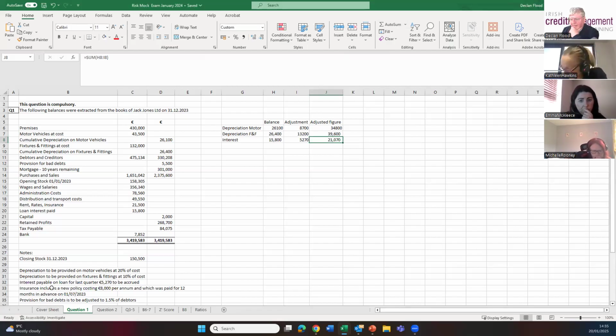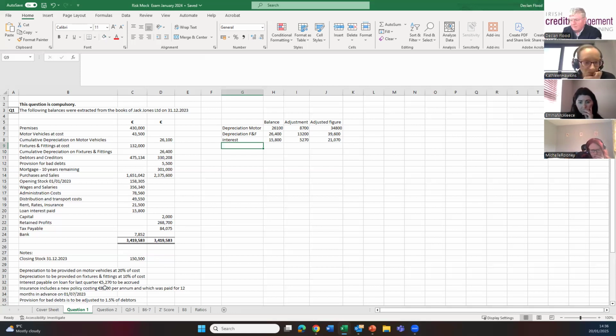And finally, insurance includes a policy costing 8,000 per annum, which is paid 12 months in advance on the 1st of July. So I got an invoice for 8,000. I paid the 8,000. The 8,000 is in my accounts. But I also know, because I want to see if I'm making a profit or loss in that year, that out of that 8,000 that I paid, 4,000 relates to last year and 4,000 relates to next year.